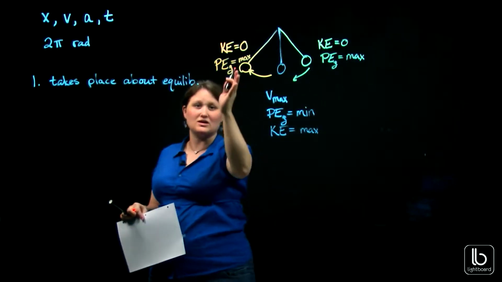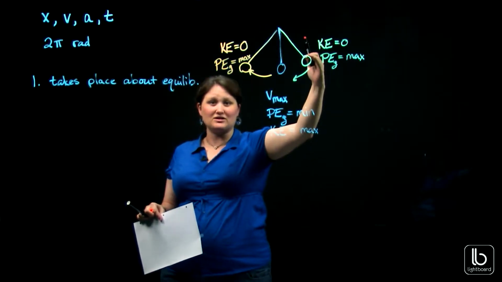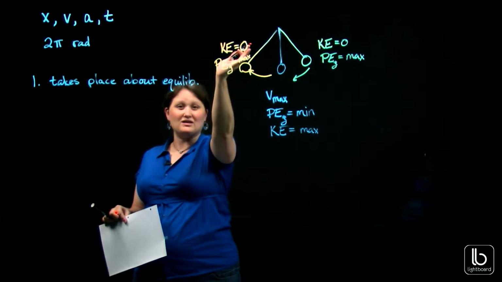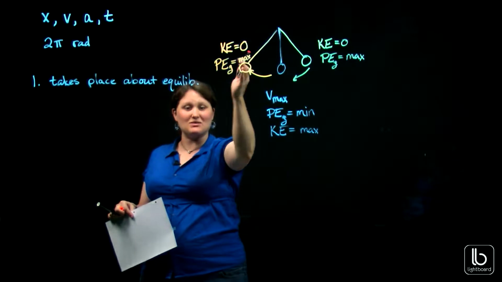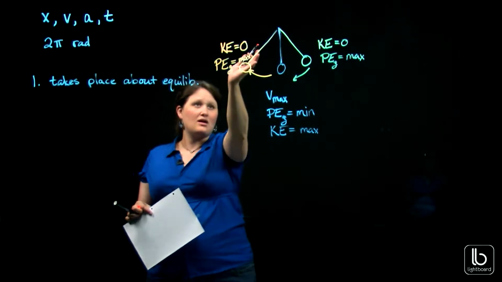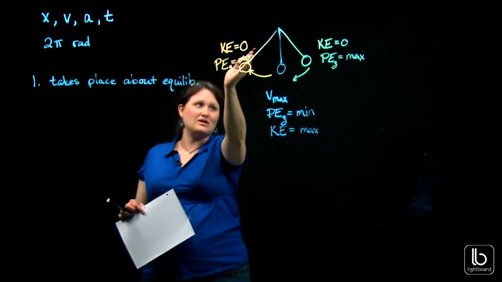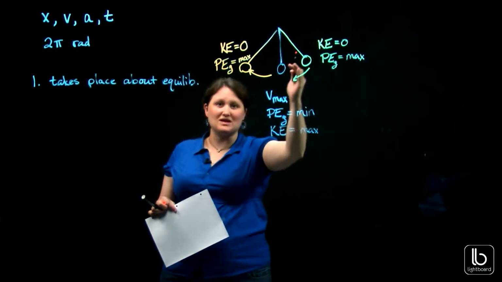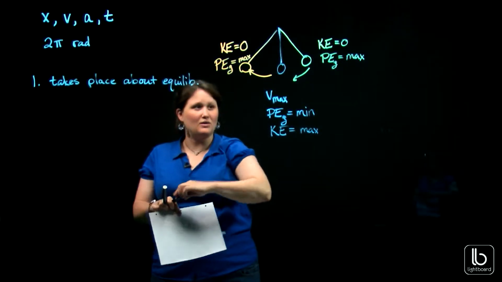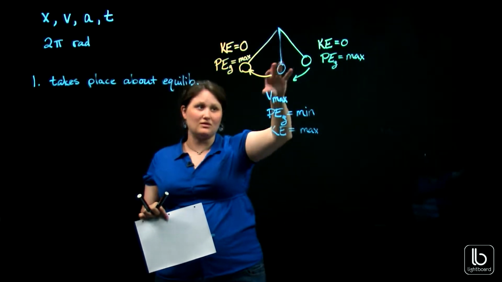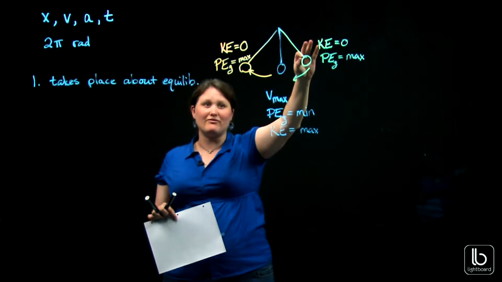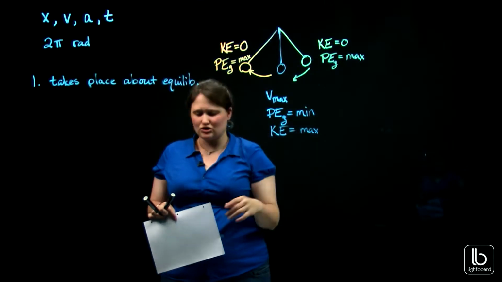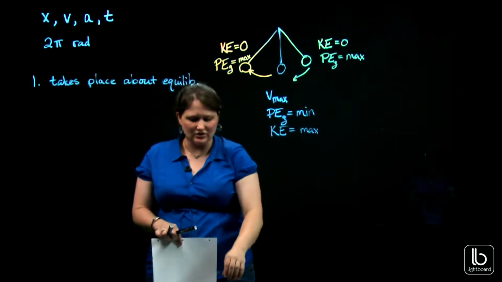So I start at some height, I end at an opposite height, if you will, but it's still the same, it's symmetrical. And then when we release, we see the same thing happen again. We go through the center, we're at a maximum velocity, then we come up here to a minimum velocity, a maximum energy.